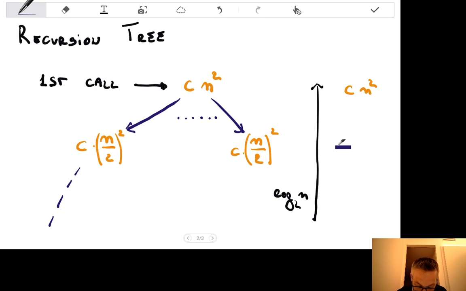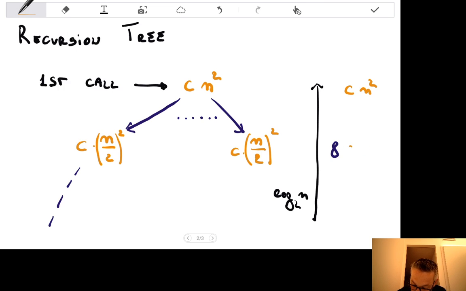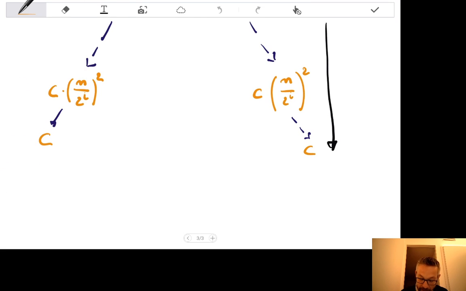So the cost of the second level would be 8 multiplied by c times n over 2, squared. Okay, this will be the cost. So what will be the cost of the ith level?